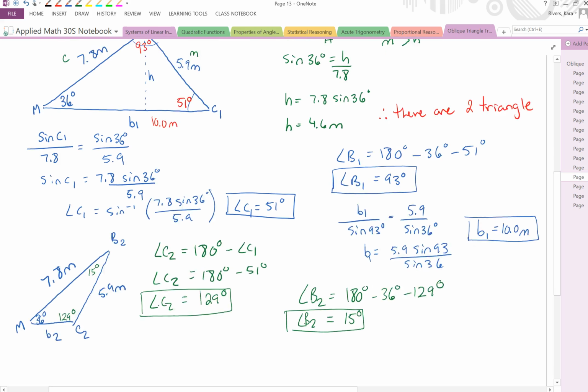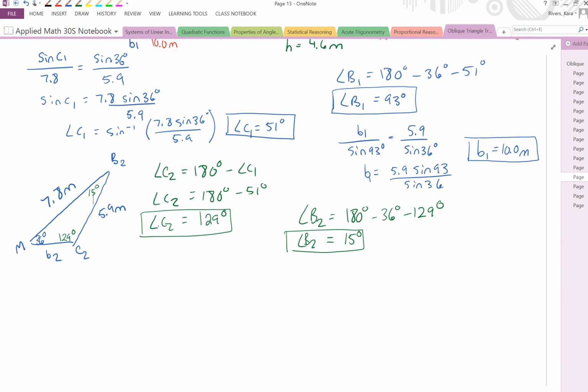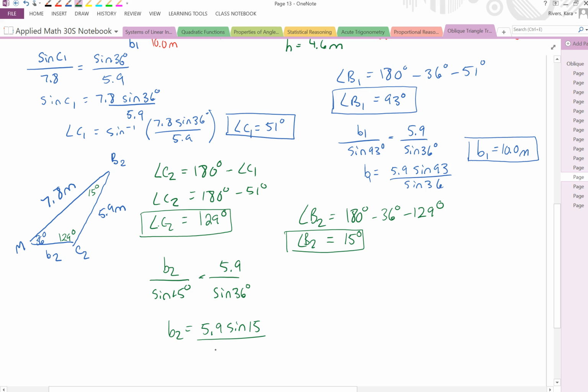Now we can figure out what that closer distance is by using the sine law again. So I'd have B2 over sine of 15 degrees and 5.9 over sine of 36 degrees. We would get that B2 is 5.9 sine of 15 all over sine of 36 degrees. Sorry, this is a 15 here.